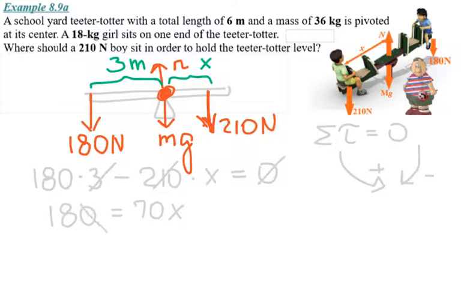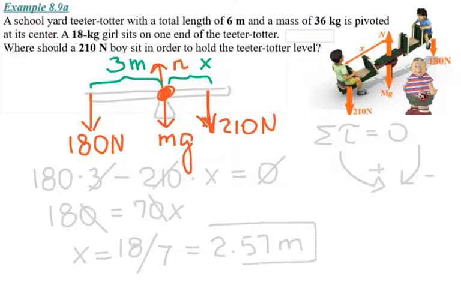I can also divide all of them by 10, so x is equal to 18 over 7, which is equal to 2.57 meters. So the boy should be sitting 2.57 meters away from the point of rotation, from the center of the teeter-totter, in order for them to stay leveled.